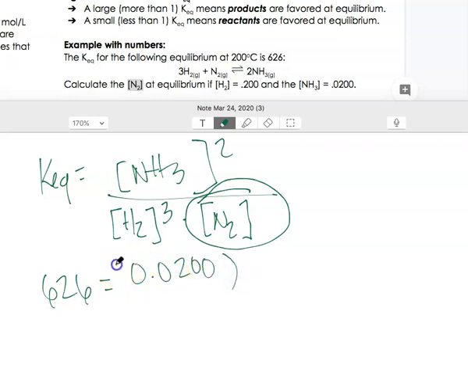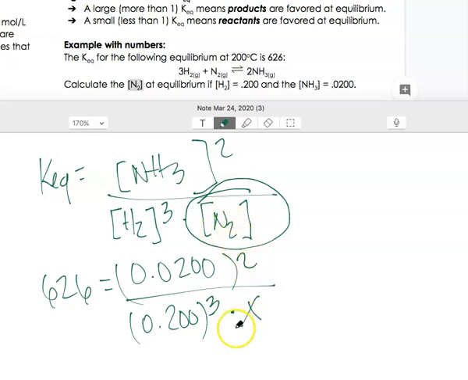So I'm going to plug that in. And remember, it's a power of 2. And then I'm going to put 0.2 to the power of 3 times x. So you guys can replace that with x. I usually do that because it's just easier to see.